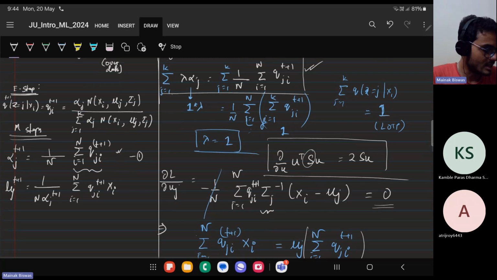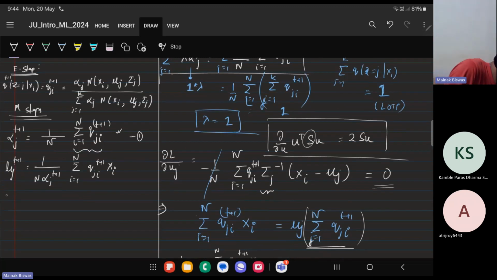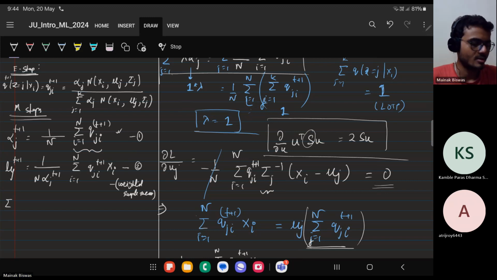Now tell me, does this look very familiar? This is a weighted sample mean, right? This is like calculating total mass in the jth class.